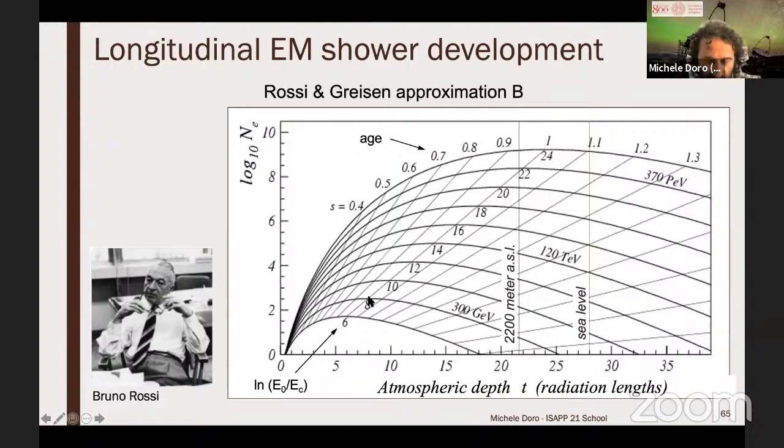A 300 GeV gamma ray particle produces a maximum here at about 8 atmospheric depth. Now this is atmospheric depth. If you want to know, sea level is here and 2000 meters is roughly here. So at 2000 meters, if you go into the mountains, you are embedded in the shower, the electrons generated by a 370 PeV shower, around you.